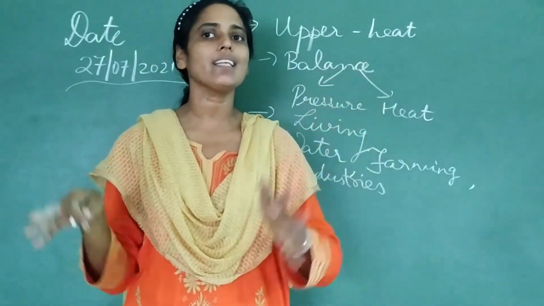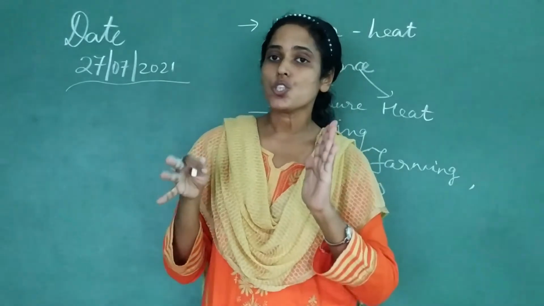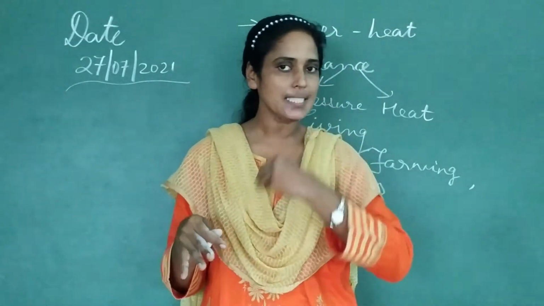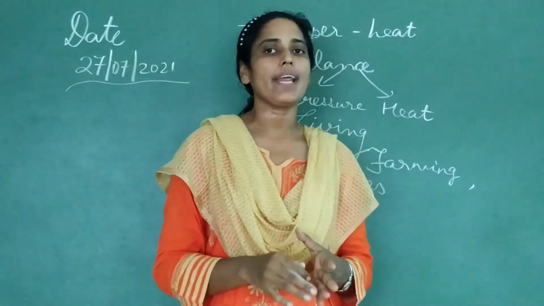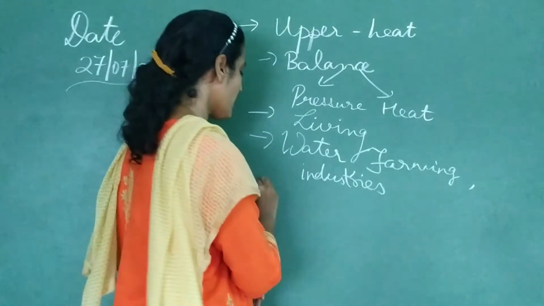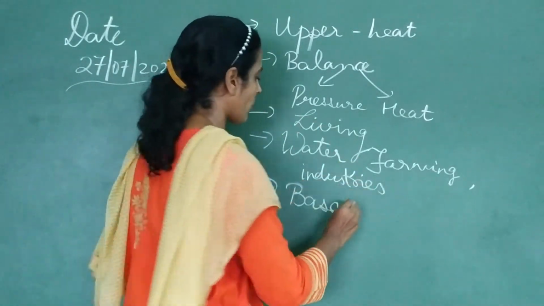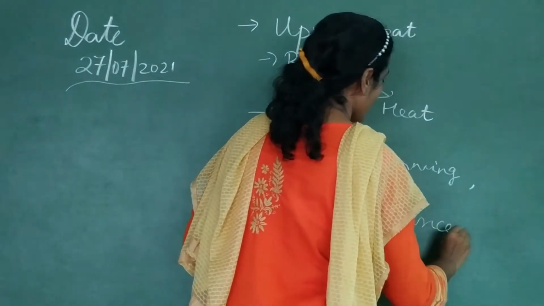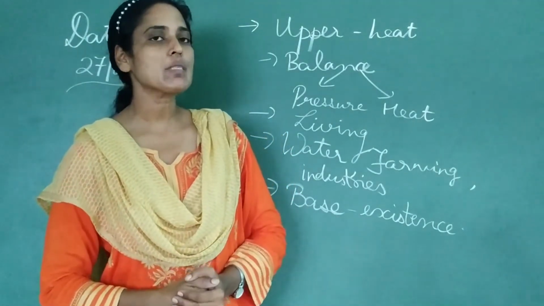So we can say that the lithosphere is the pillar for everything from food to dwelling, the base of our existence and of all living organisms. The base of living is what? Lithosphere. Okay, students?